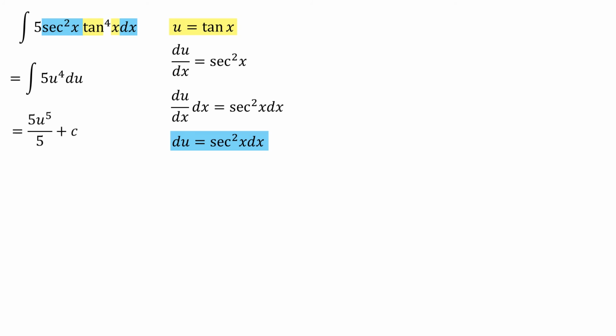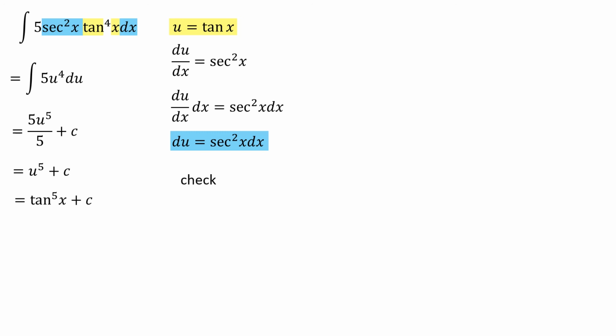When I integrate, add 1 to get the new exponent, divide by the new exponent. 5 divided by 5 will cancel out. I just have u to the 5th power plus a constant. And of course, u is tangent of x. So I'm really looking at tangent of x raised to the 5th power plus a constant.